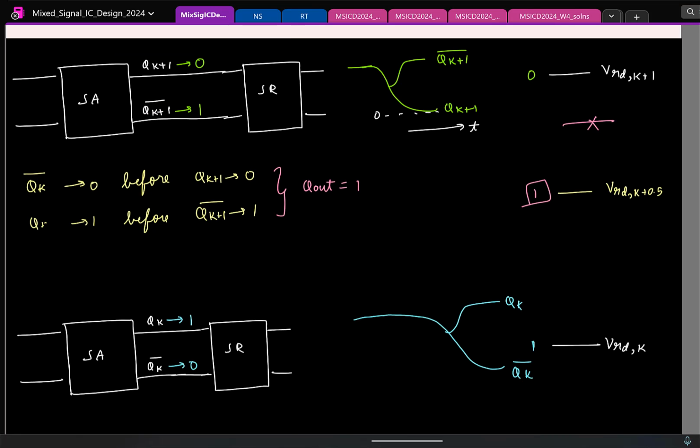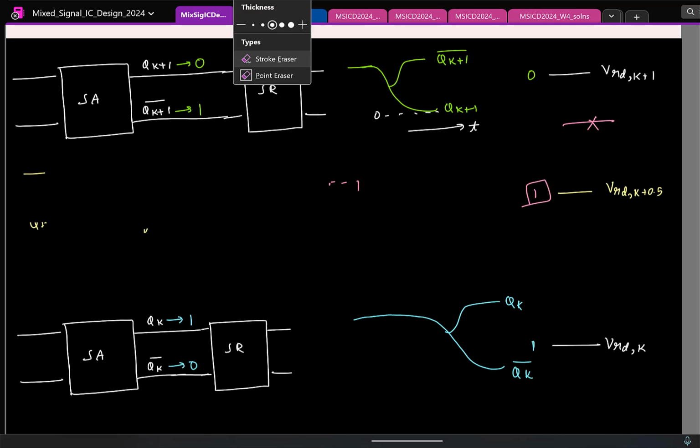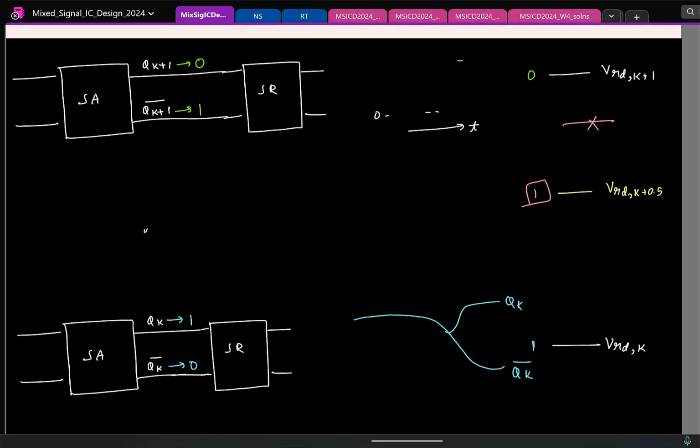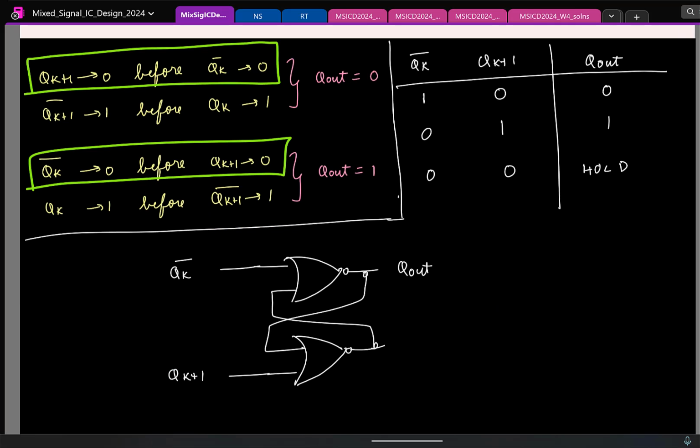So in between every two comparators I have, I go and put an SR latch like this. This should be a NOR-based SR latch. Okay, and I should be comparing Qk bar and Qk plus 1, okay, or the other two.